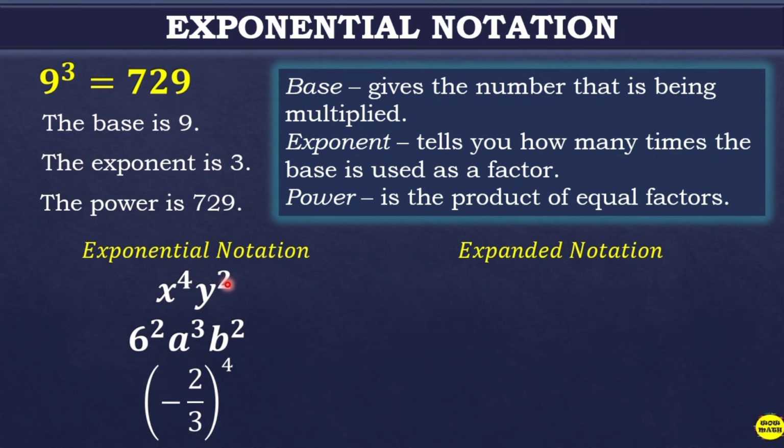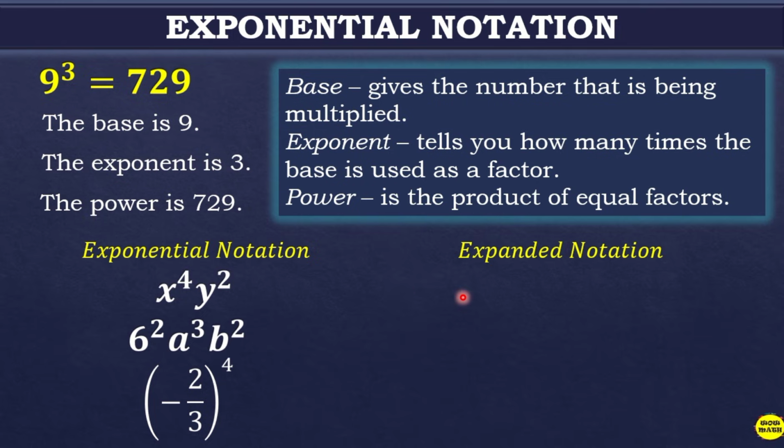So, there are lots of ways on how to read exponential notation. Okay? So, make sure lang na tama tayo ng ginagamit. If it's squared, if it's cubed, if it's to the 4th power, 5th power.